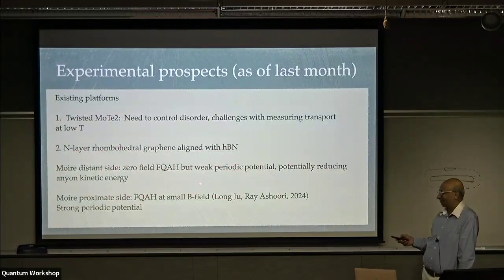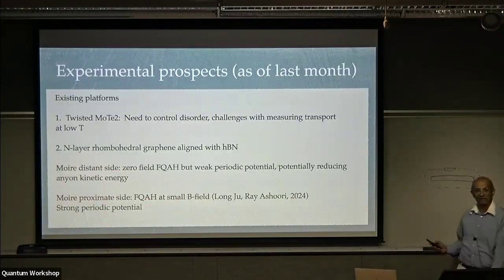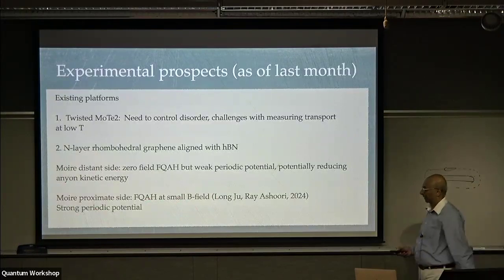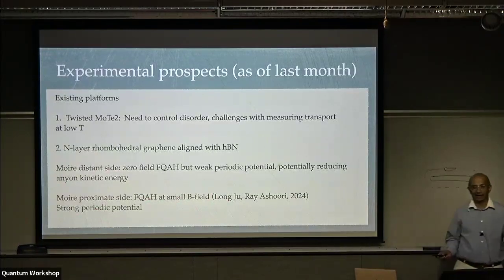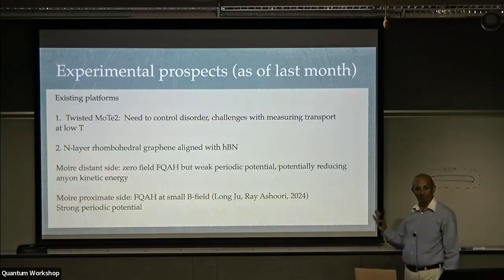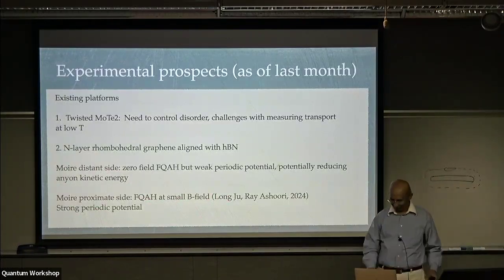So I'm still not very optimistic about this Moiré distal side. But the Moiré proximate side, Tittep also mentioned this. There is a fractional quantum anomalous Hall state at fields as low as 0.2 Tesla. And there the Moiré potential will be very strong. And so doping these, I thought might be the best place to look for this kind of physics.